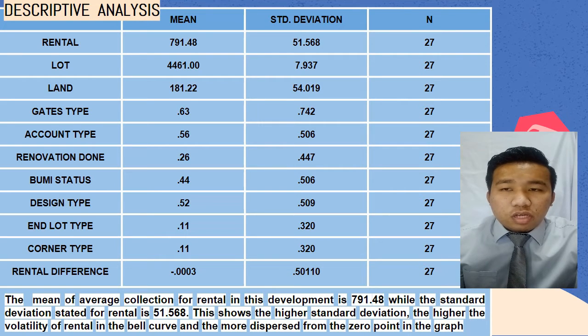This shows the highest standard deviation, the higher the volatility of a rental in the bell curve, and the more dispersed from the 0 point in the graph.